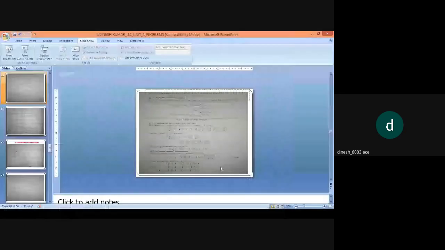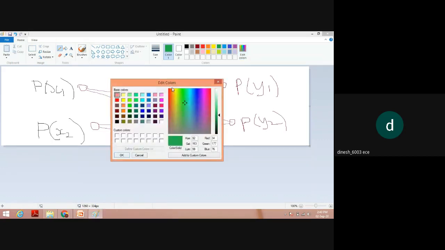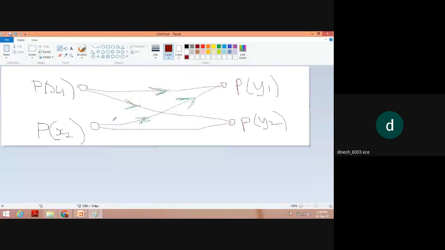Y1 over x1 is 0.9, so we'll write 0.9. Similarly, P of y2 over x2 is 0.8.